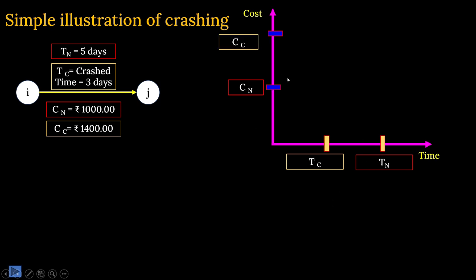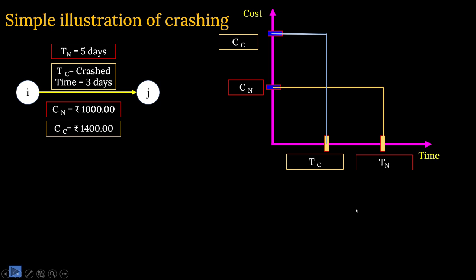Okay, now if you connect this in terms of a graph, a straight line, you will see that this is the point, and also you can see this is the point. Now this was your normal time. At the time the normal cost was this. As we have reduced the normal time to the crash time, time has reduced, but your cost has become higher.